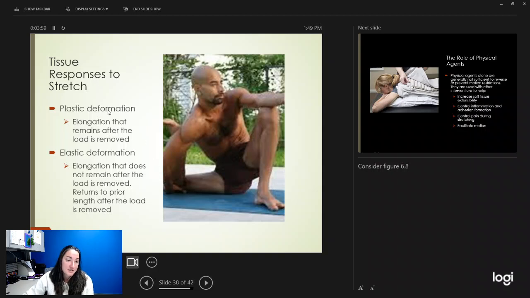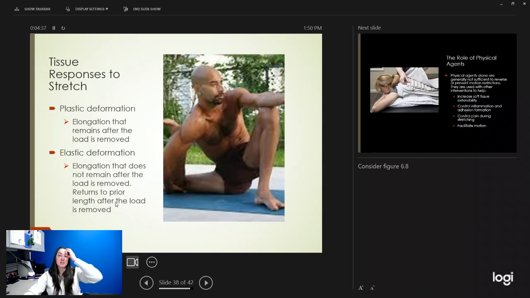There is plastic deformation and elastic deformation. With plastic deformation, what we're talking about is elongation that remains after the load is removed. That's what we want when we're trying to increase tissue extensibility or movement after we're done with the treatment. Elastic deformation is elongation that does not remain after the load is removed, and it returns to its prior length. We want that when we get in these crazy yoga positions and we stand up and want to still have a hip that is maintained in its socket and doesn't dislocate because we just did some crazy position.